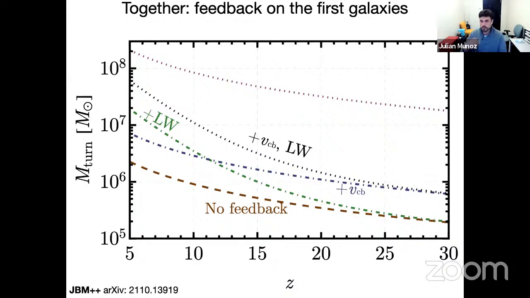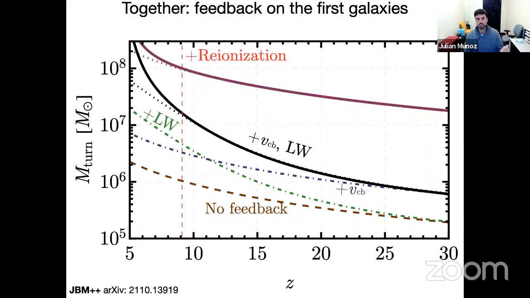And when you join them with the newest prescriptions, including self-shielding and so on, you get this dotted black line. So this is about a factor of 10 or even 100 larger than if you didn't have these effects. And finally, you can include photoheating from reionization, which matters at low redshifts, and you get these solid lines. So these are the minimum masses that galaxies need to form stars.